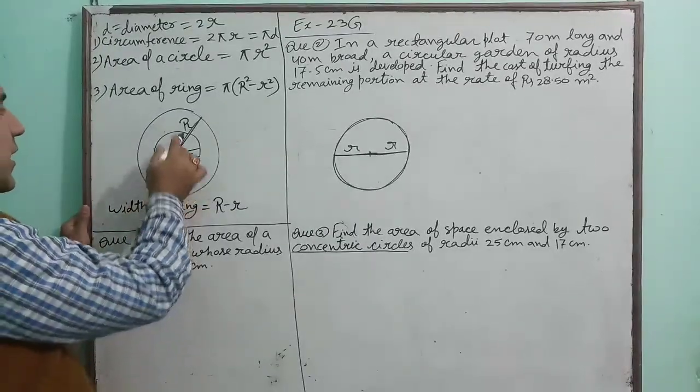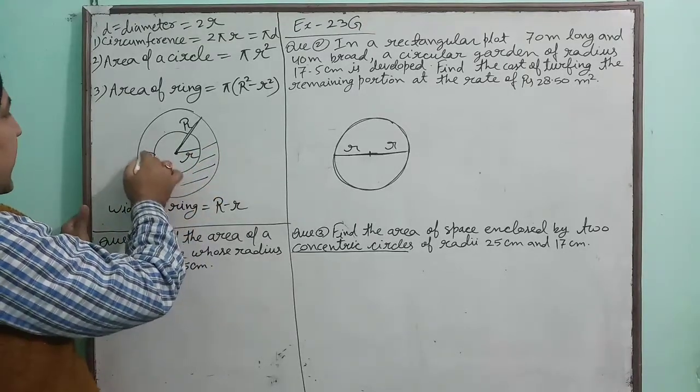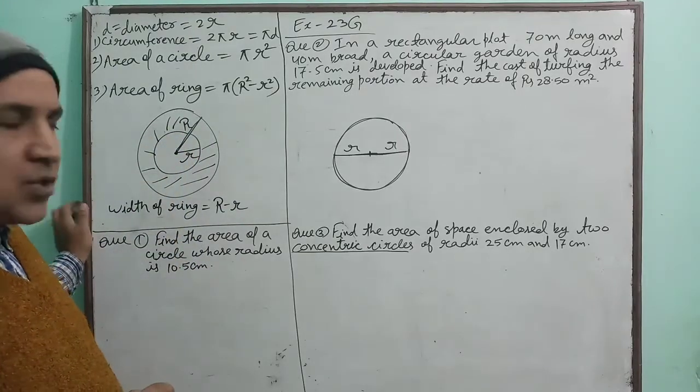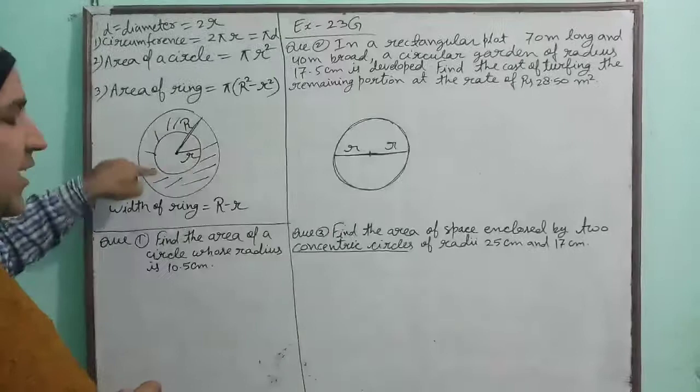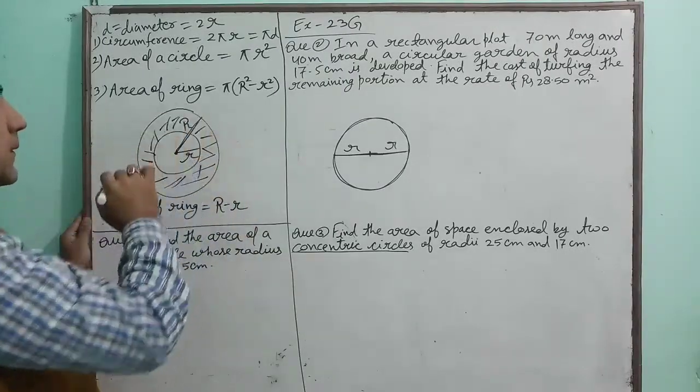So see here. In this case, the area enclosed by two circles is called the ring. So how to find the area of the ring? This portion, this covered portion, is called ring.